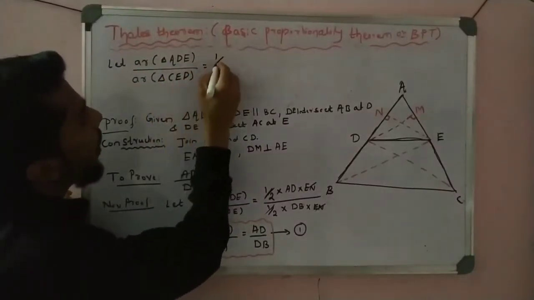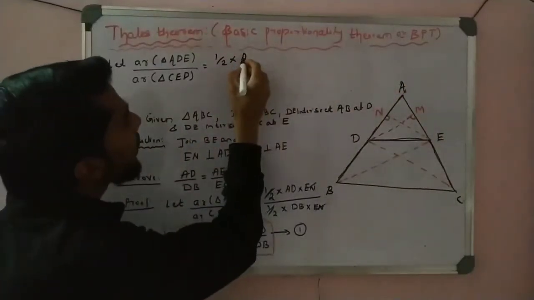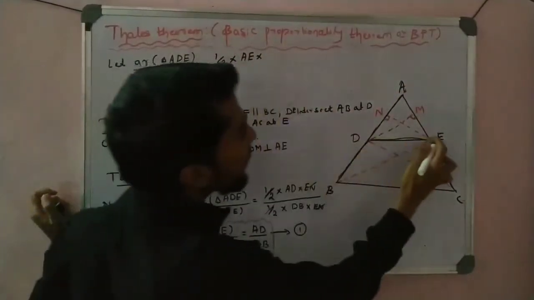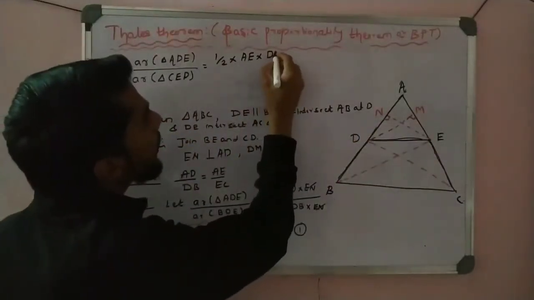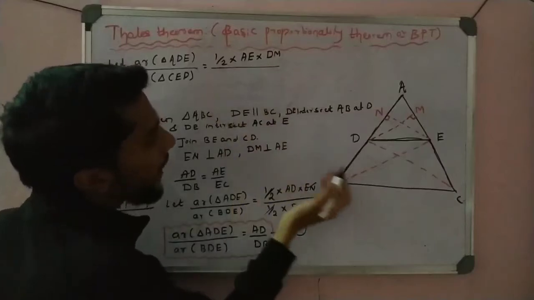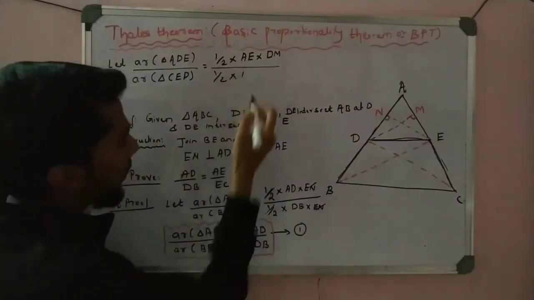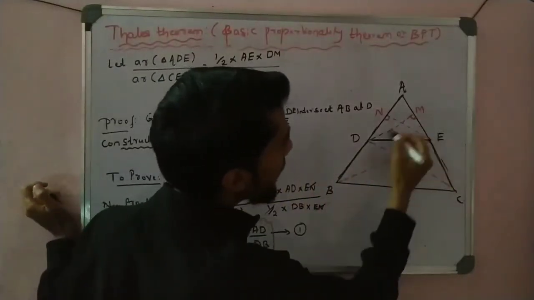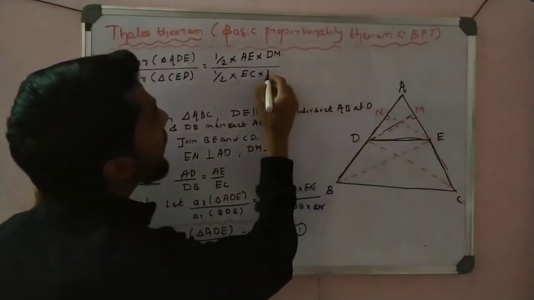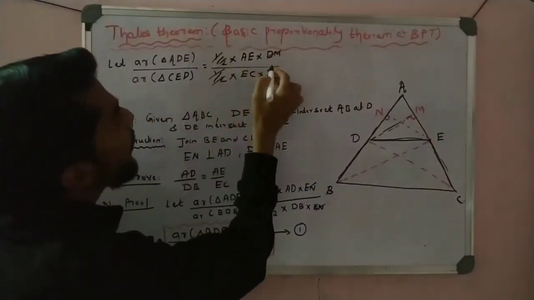Same, half into base, which is AE, and the height is DM. Divide by, again the same, base is EC, half into base EC. For this triangle, DM acts like a height. So half gets cancelled, DM gets cancelled.